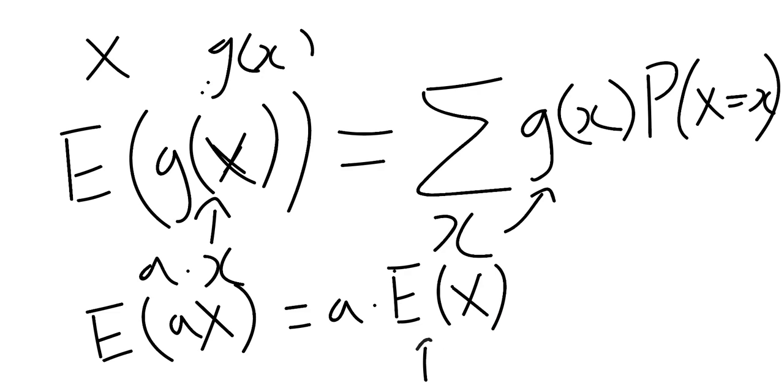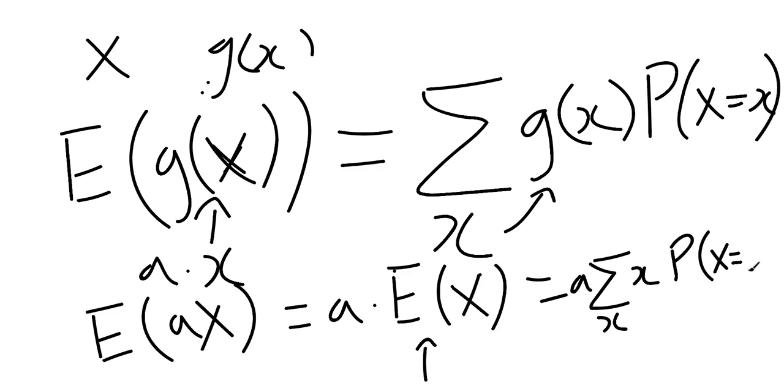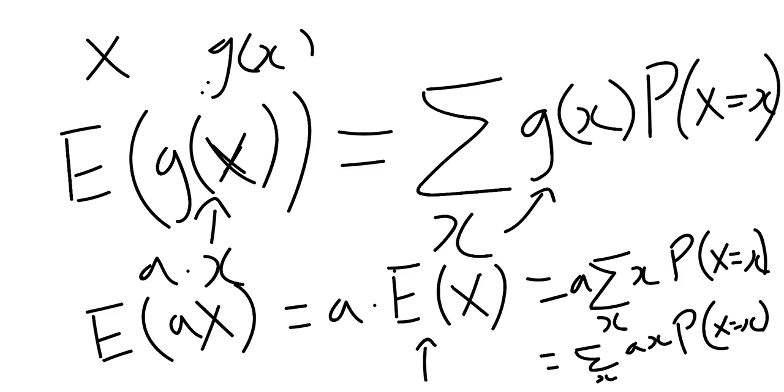We know this because expected value is linear, and this is also equal to a times the sum of x times p of x equals x, which is also equal to the sum of ax times p of x equals x, right?